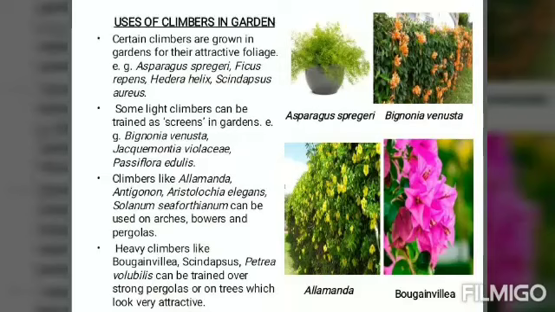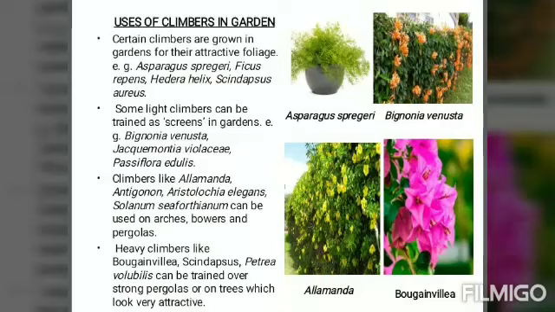And then Asparagus sprengeri, Ficus repens, Hedera helix, okay, etc. So here the first picture is of Asparagus sprengeri. The second point is that some light climbers can be trained as screens, like they are very light in nature, they are not heavy climbers, okay, they are light, and then they can form a screen.